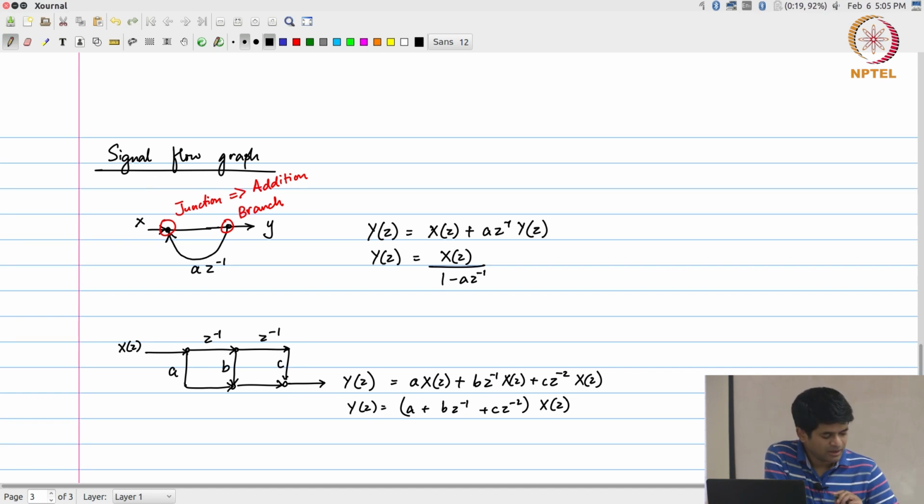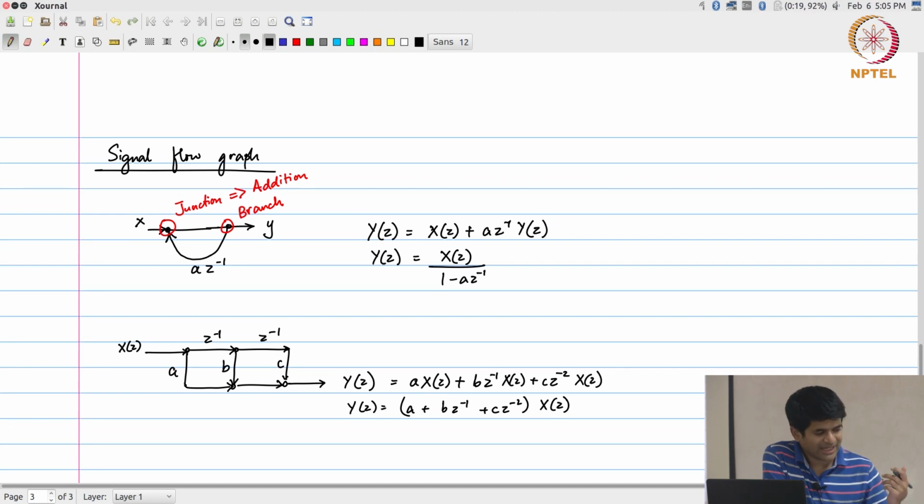Okay, there is one useful property of a signal flow graph that can be useful in certain contexts. It is not universally applicable, but for certain kinds of signal flow graphs, if something can be represented as a signal flow graph, then you might be able to apply this transformation to the structure, which potentially in certain cases could give you an alternative insight into what the architecture can look like.